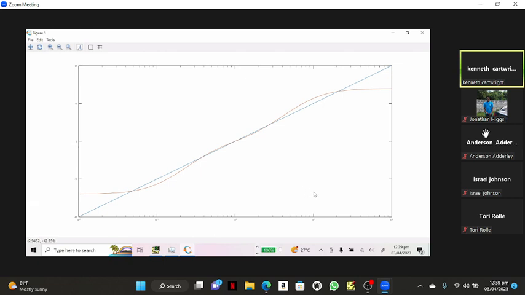And there it is. So the magnitude of the square root of S, I should say, is the blue. That's the theoretical. That's what we want. That's not the capacitor.